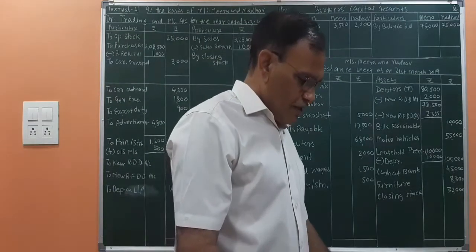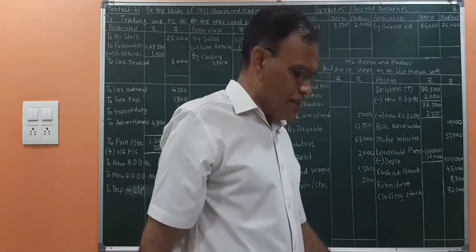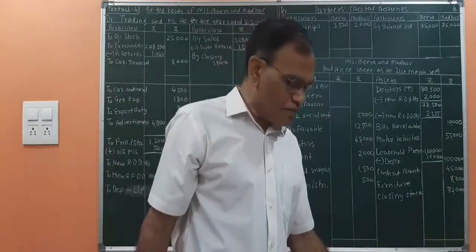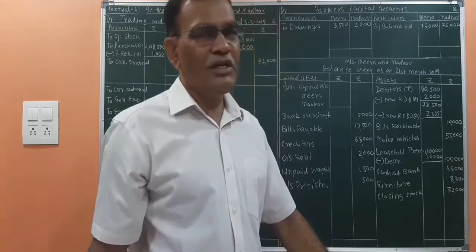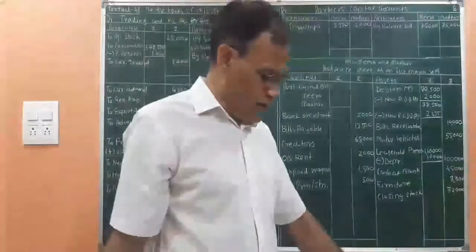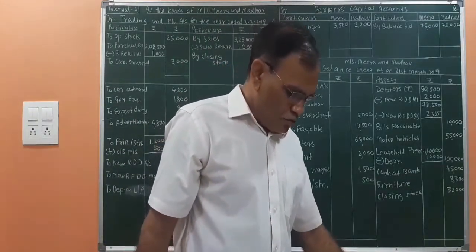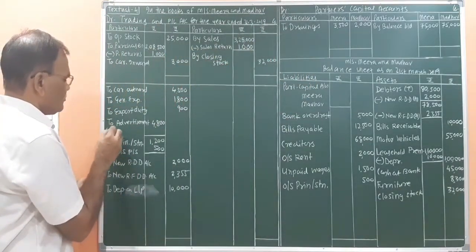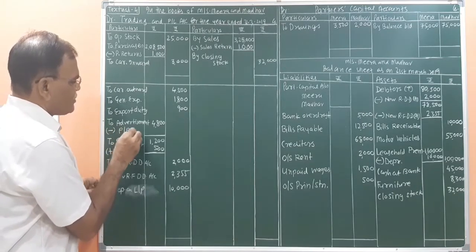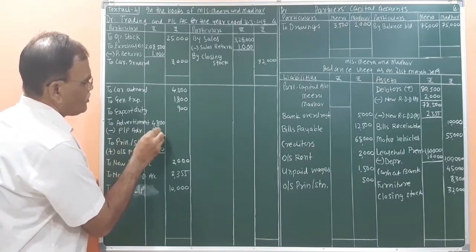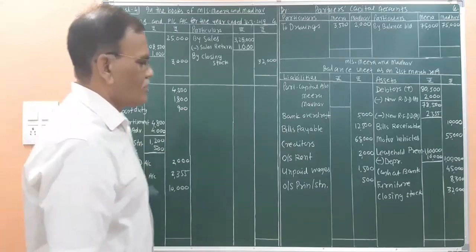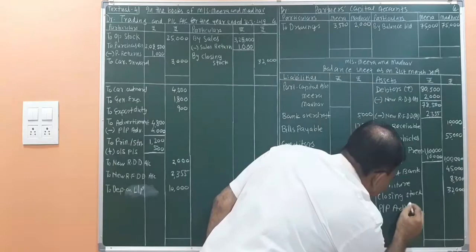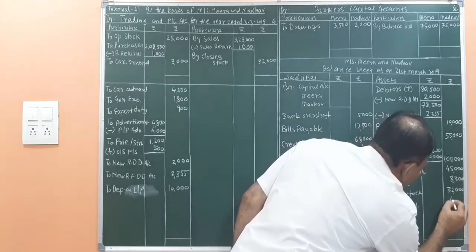And out of 36 months, it is starting on 1/10/2018. So 6 months benefit we are going to enjoy in the current year, and the rest of the benefit is prepaid. So the prepaid amount is 4,000. So minus prepaid advertisement 4,000. So here in the balance sheet, prepaid advertisement is 4,000.